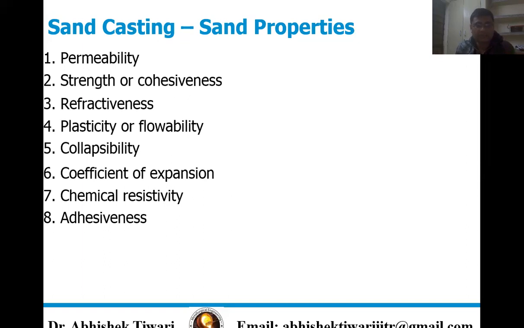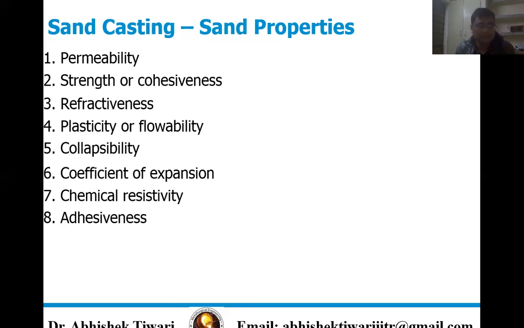Sixth property is coefficient of expansion. Sand should have low coefficient of expansion. Seventh property is chemical resistivity. Sand should not chemically react or combine with molten metal. Eighth property is adhesiveness.